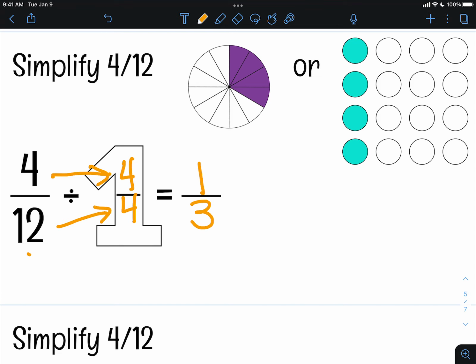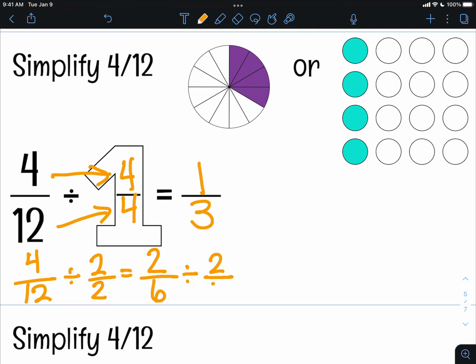Okay, let's try it again though, differently. Let's say maybe I was like, hey, they're both divisible by 2. So we can divide it by 2 halves. 4 divided by 2 is 2, and 12 divided by 2 is 6. If we do it that way, we have to keep on going because 2 and 6 are now both divisible by 2.